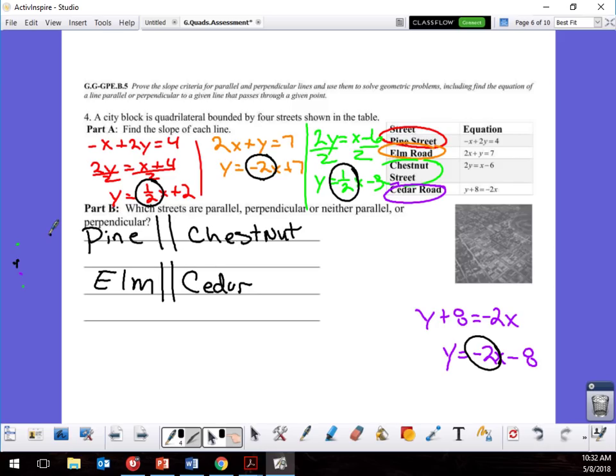Okay, so we could say that Pine is perpendicular to Elm. And we could also say, what's the other one? Chestnut is perpendicular to Cedar.